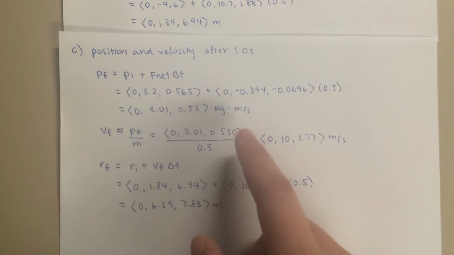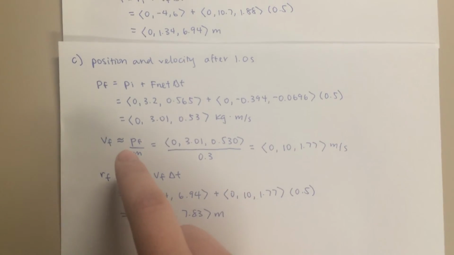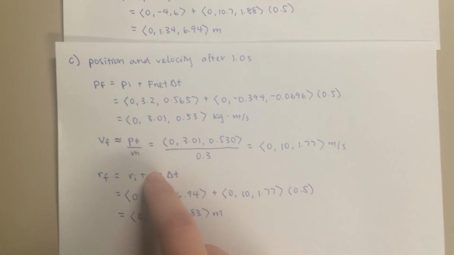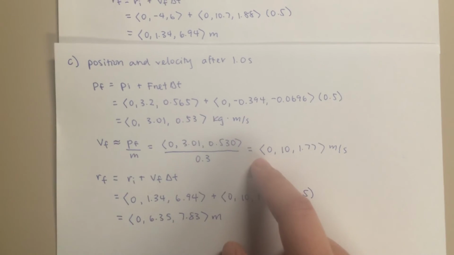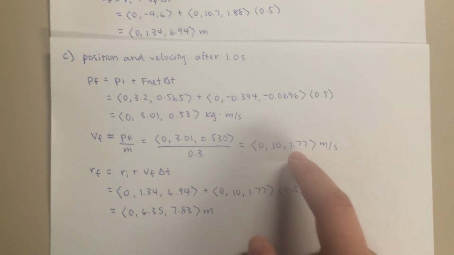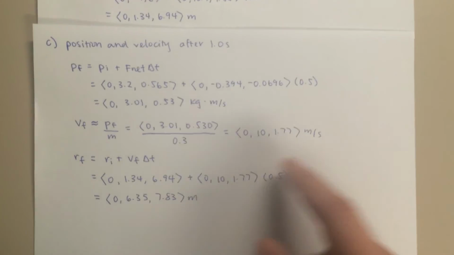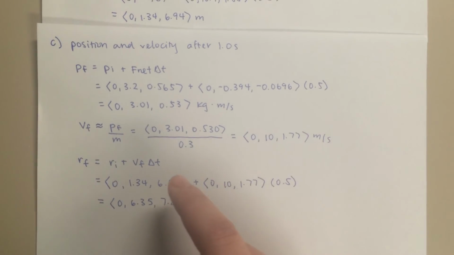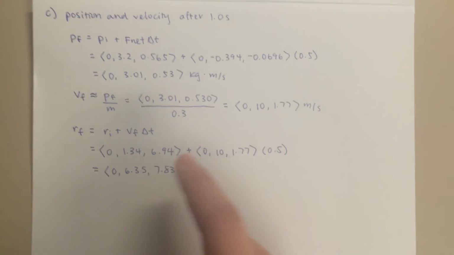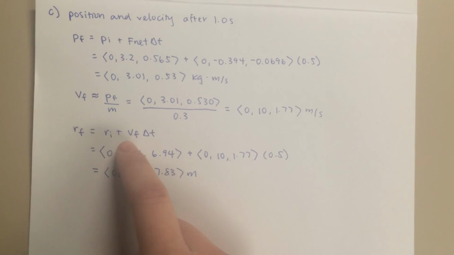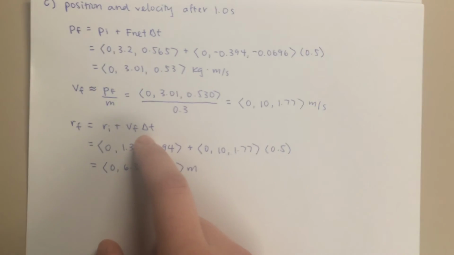And then, again, asking for final velocity, we approximate that the final velocity is equal to the final momentum divided by the mass. After that, we get 0, 10, and 1.77 meters per second for the final velocity. And again, using the final velocity, we can calculate the final position. The final position is equal to the initial position plus final velocity times delta t.